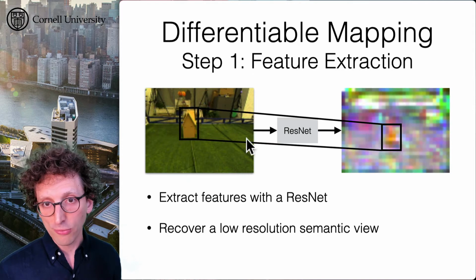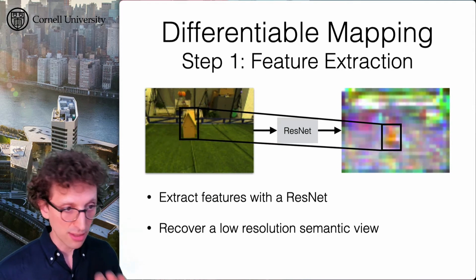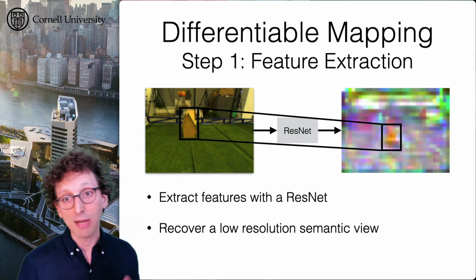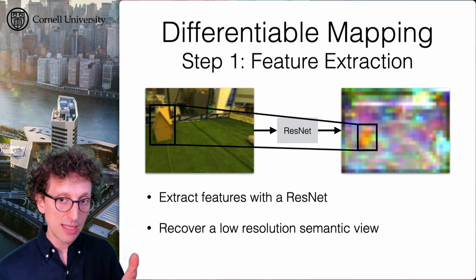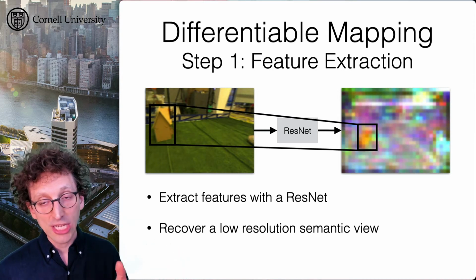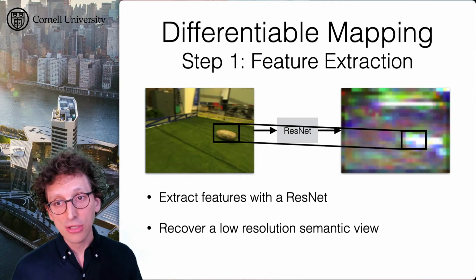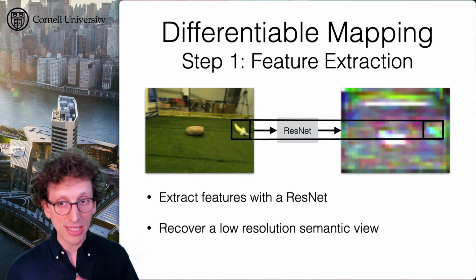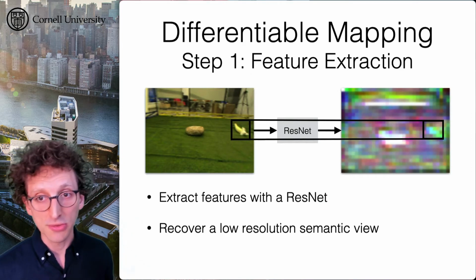So for example, for the house, we will have features that are concentrated around the same area in the feature map that we recover from the ResNet. As we move through the environment, we see that the first-person view shifts, and so do the features for the house, and new objects enter into the environment, and their features are located at the right place in the first-person view.